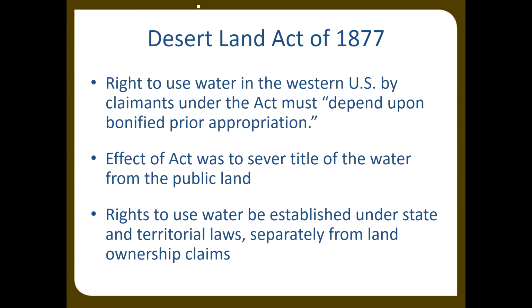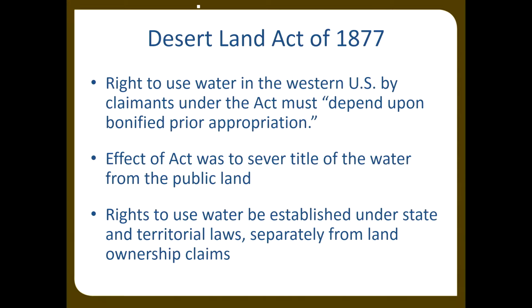Following that was the Desert Land Act of 1877. In the Desert Land Act of 1877, Congress declared that the right to use of water in the western U.S. by claimants under the Act must depend upon bona fide prior appropriation. The U.S. Supreme Court held that the effect of the Desert Land Act was to sever title of the water from the public land.